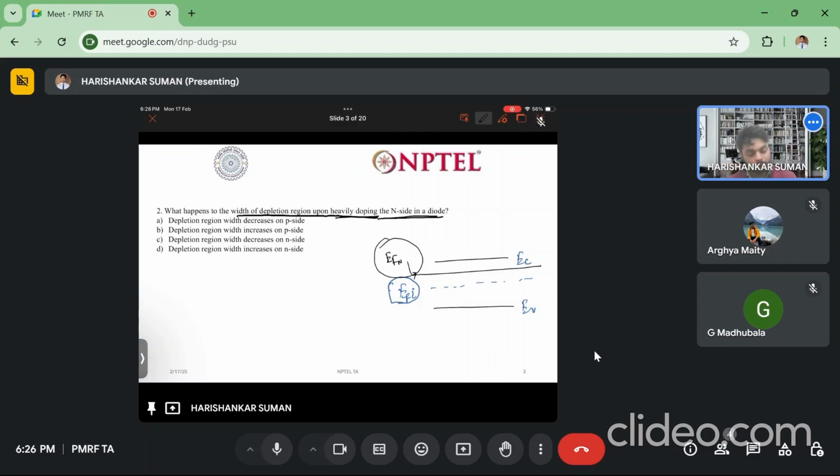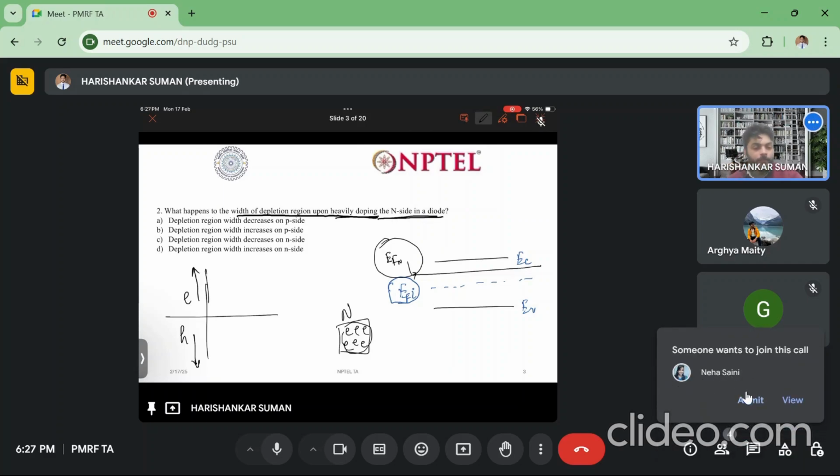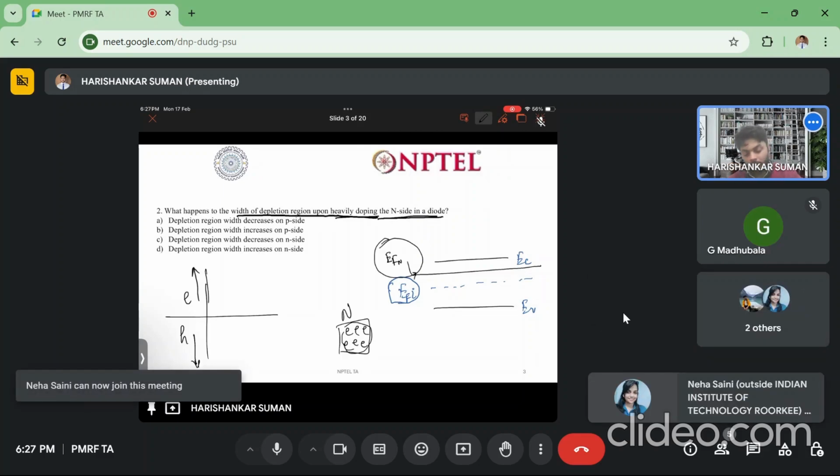Because the charge carriers in an N-type semiconductor are more. Electron energy increases this side and hole energy increases this side.